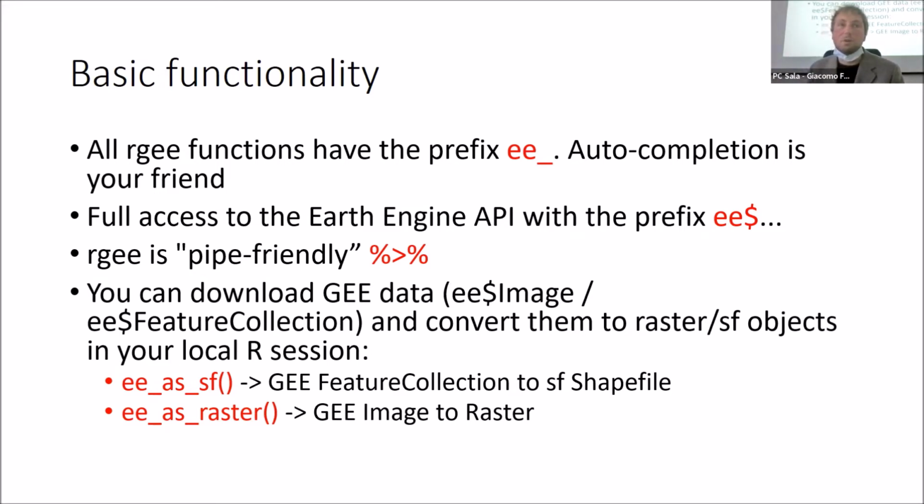In case you want to download an entire data set on your computer, which is generally not recommendable because you can process directly from there, you can still do it both for feature collections and for images. And you can use ee_as_sf or ee_as_raster, to convert these objects from the online catalog into local raster and polygon shapefiles on your computer.